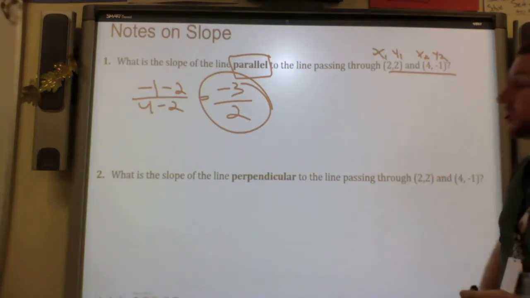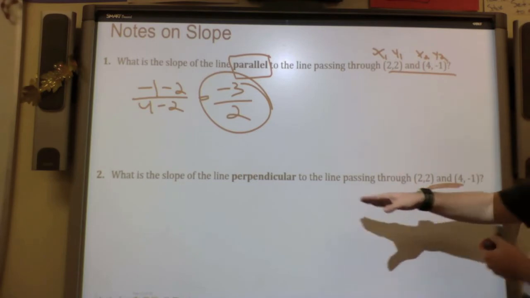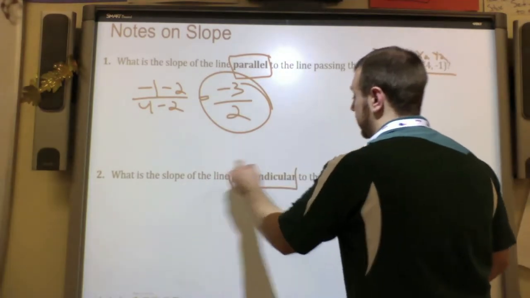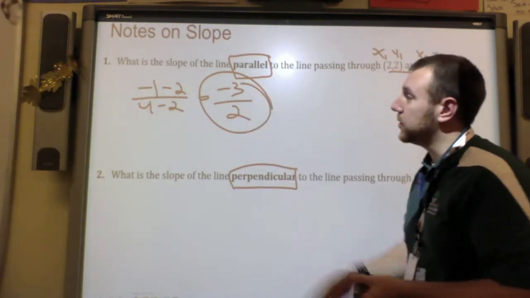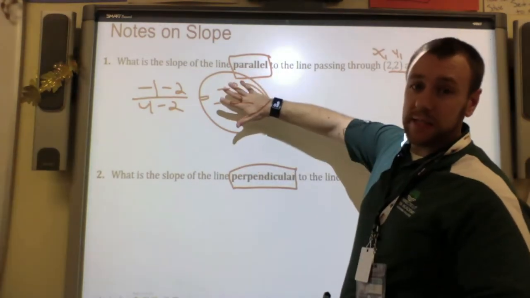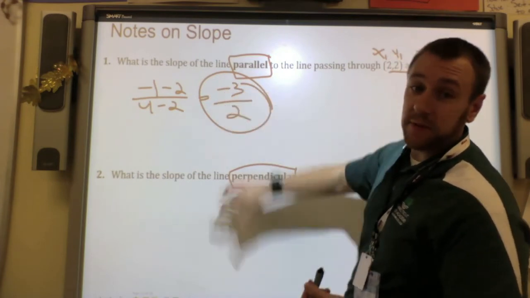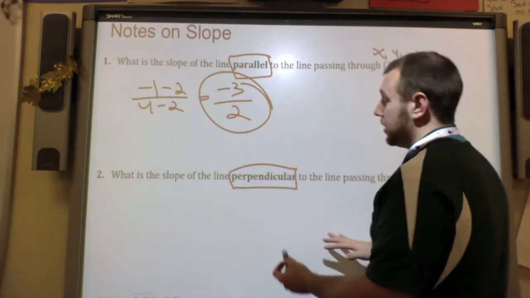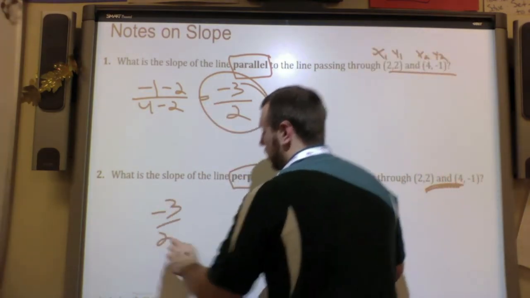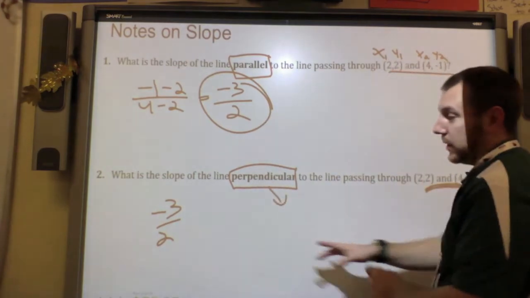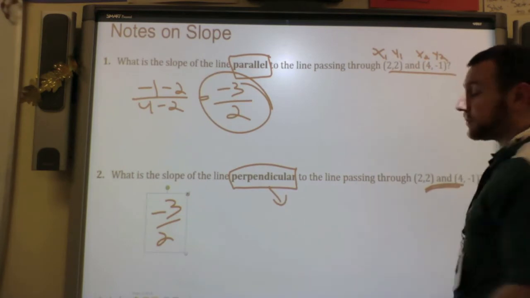In question number 2, I use the same 2 points, okay? But now I want the word perpendicular. Well, perpendicular takes this and it goes, all right, I need the opposite of this. Well, opposite means this is negative, so my slope is going to be positive. So this slope is negative 3 over 2. The one perpendicular to it is going to be a positive, and then I flip it.